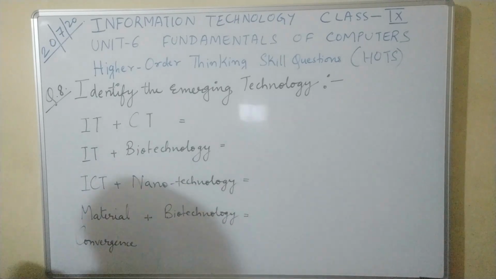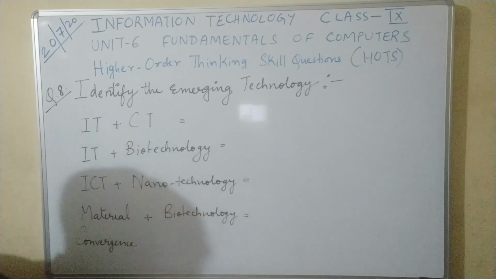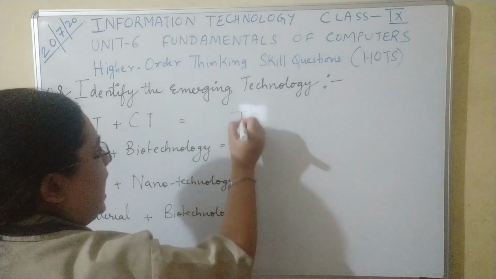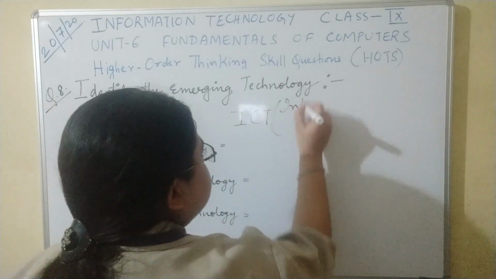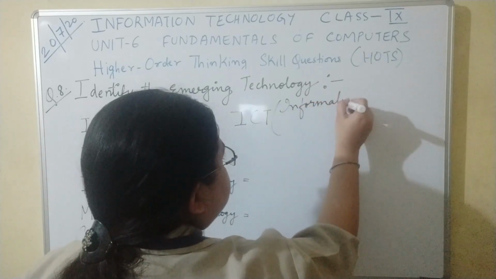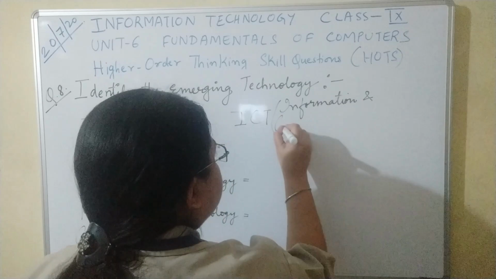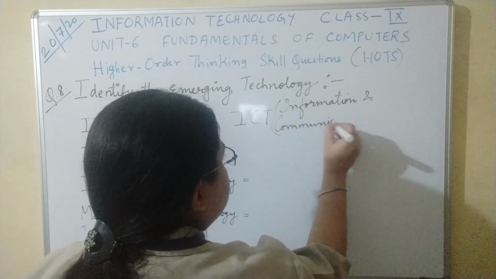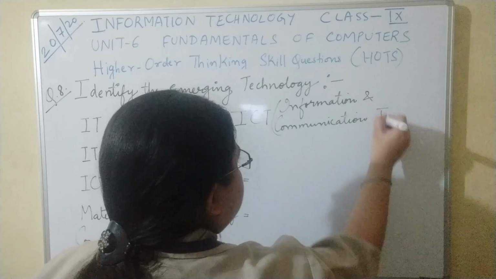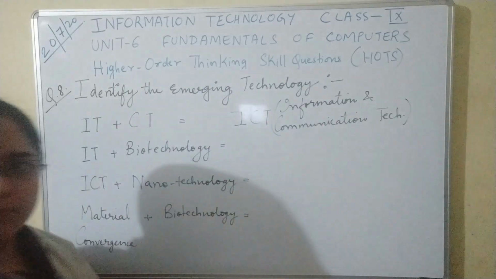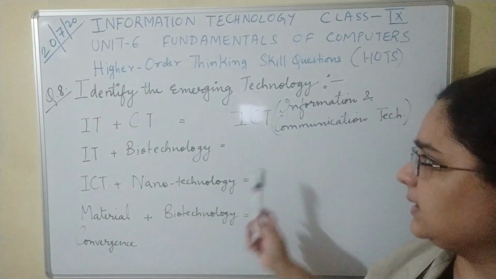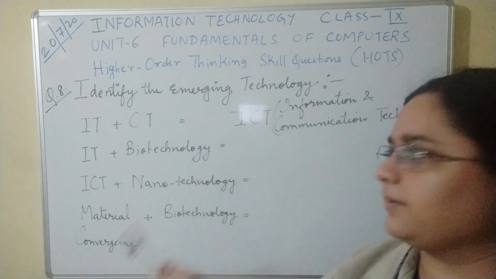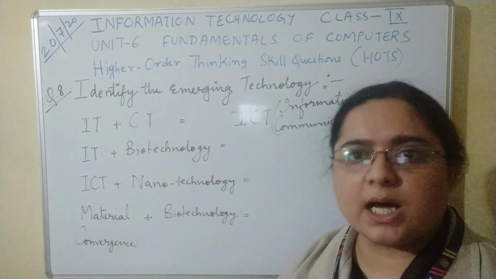So what are the combinations? Let us see. IT plus CT, that is information technology plus communication technology, which will form ICT, information and communication technology. Talking about ICT, students, basically when we say information technology, it refers to our computers, the subject which we are studying.